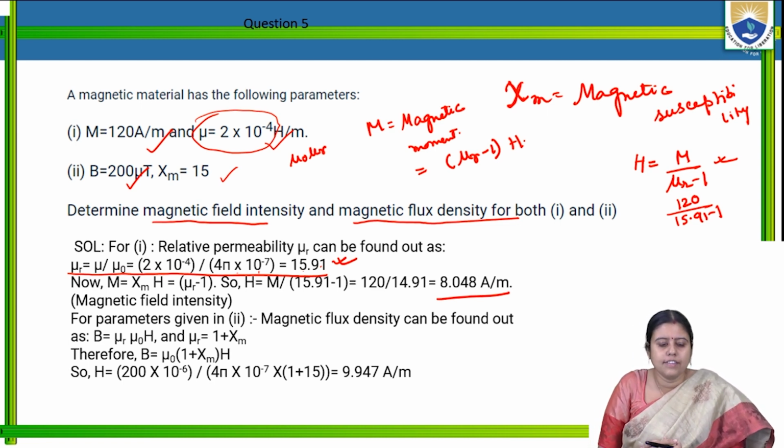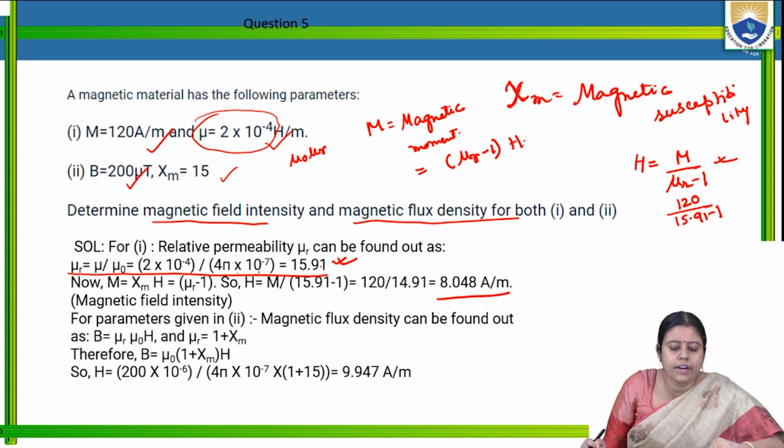For the next case, B is given as 200 microtesla, which is 10 into 10 to the power minus 6 Tesla. The Xm value is given as 15.